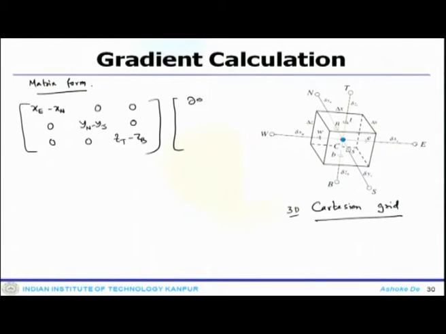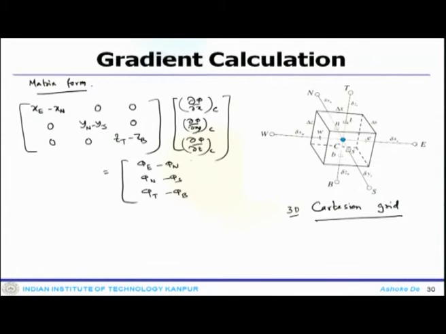Then we have del phi by del xc, del phi by del yc, del phi by del zc. So, that is there, and the right hand side would be phi e minus phi w, phi n minus phi s, phi t minus phi b.